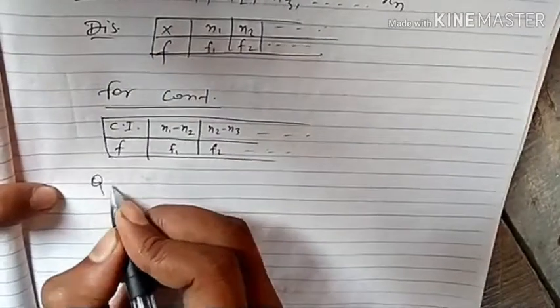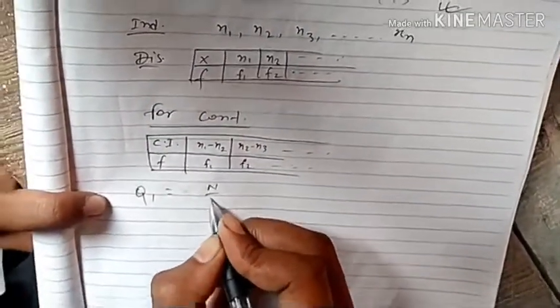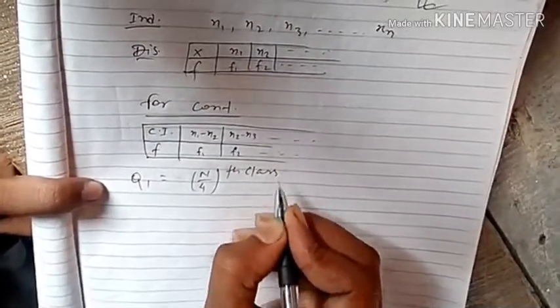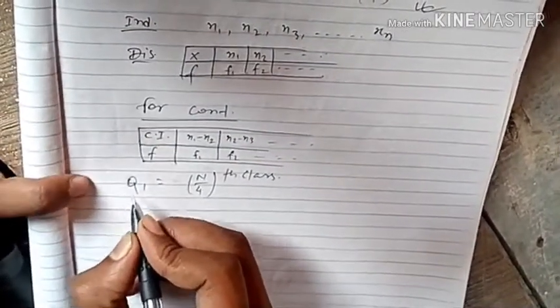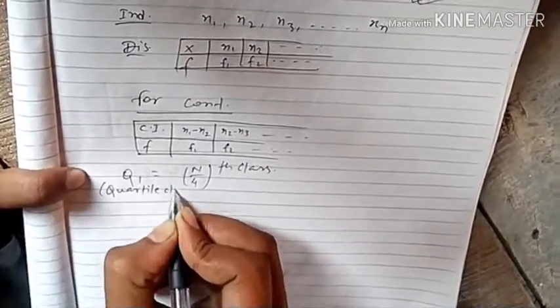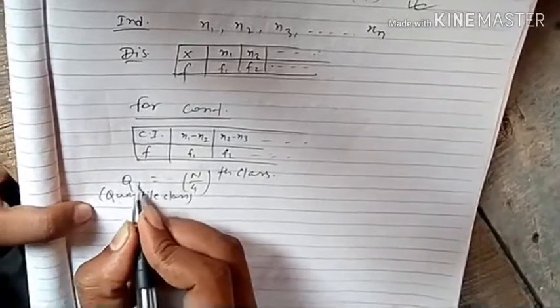For this, Q1 is the n by 4th class. This one is the quartile class for Q1.